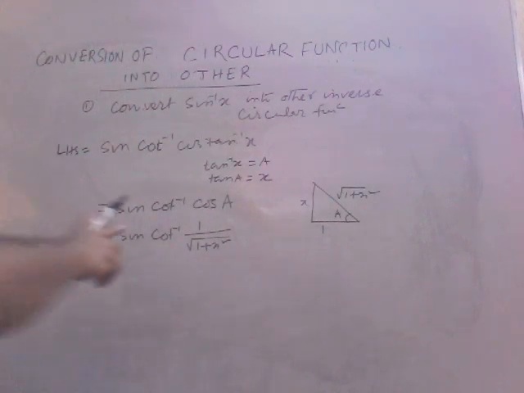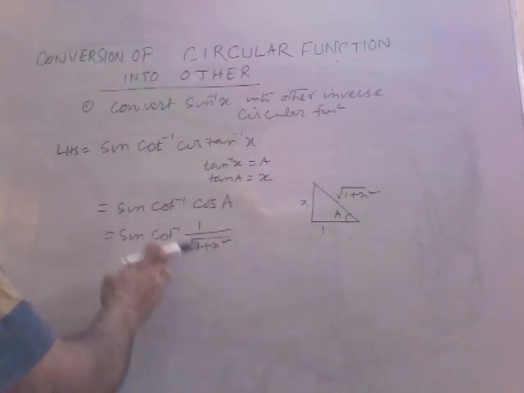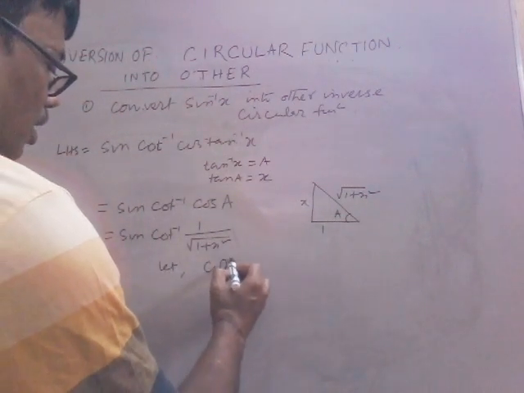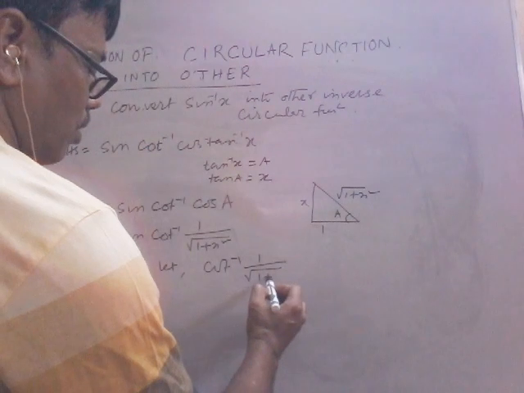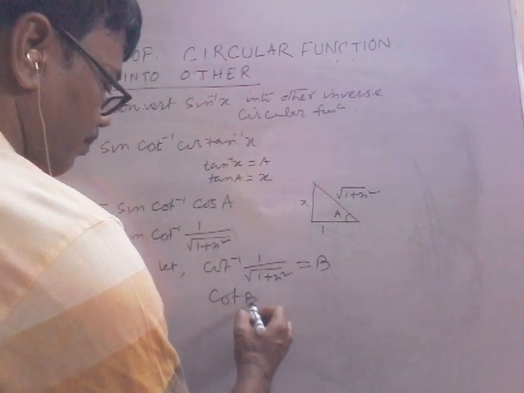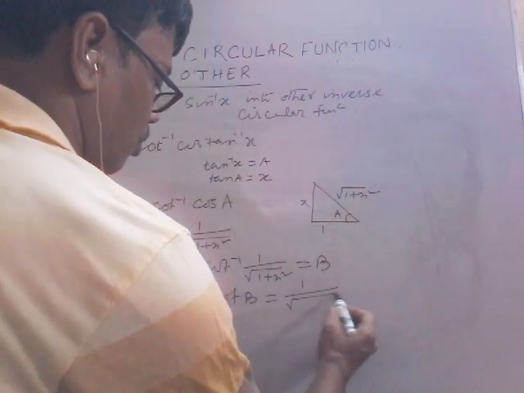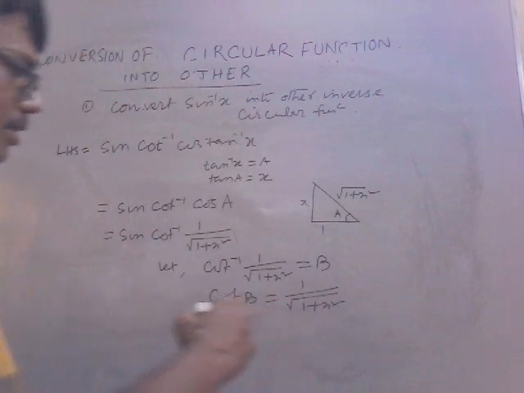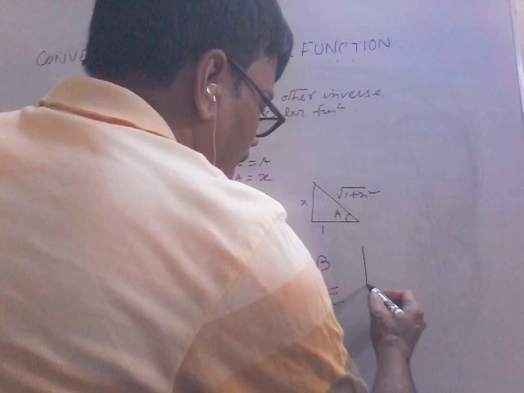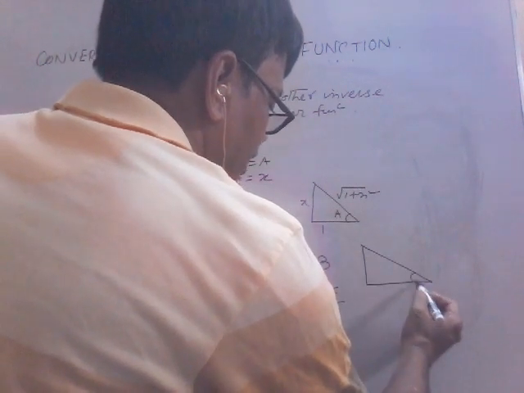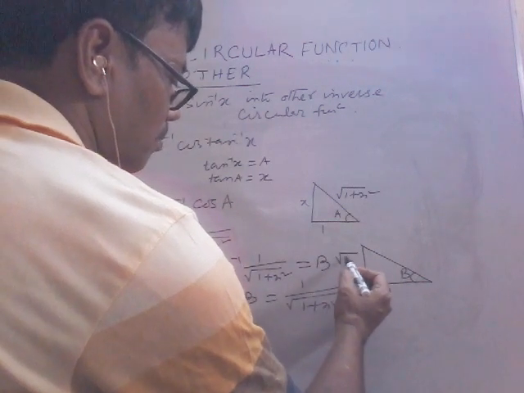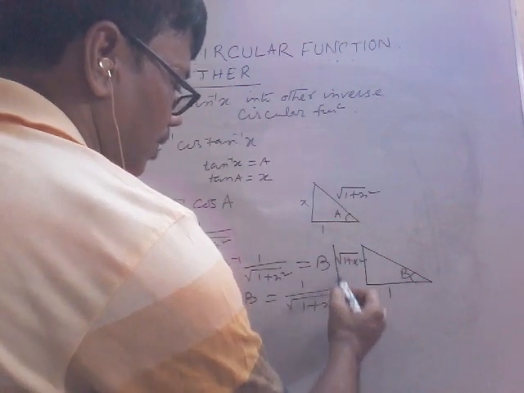Now this is again an angle. Let cot inverse 1 by root under 1 plus x square equal b. So what is cot b? 1 by root under 1 plus x square. Look at the figure. If this is b, cot is base by perpendicular.